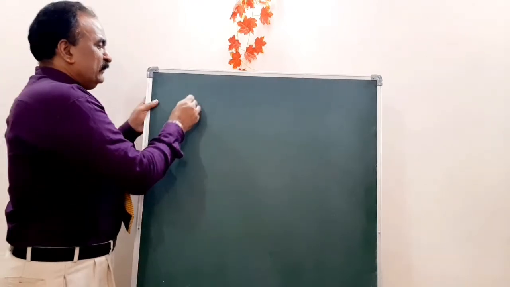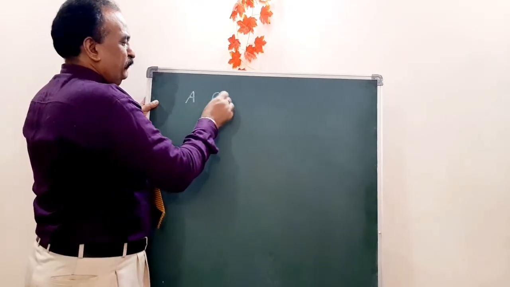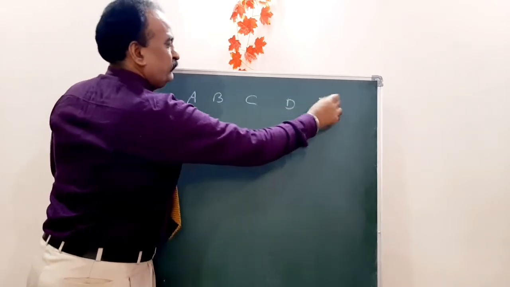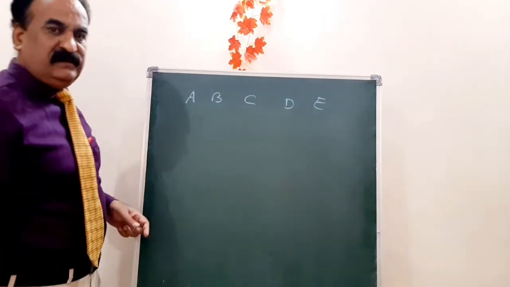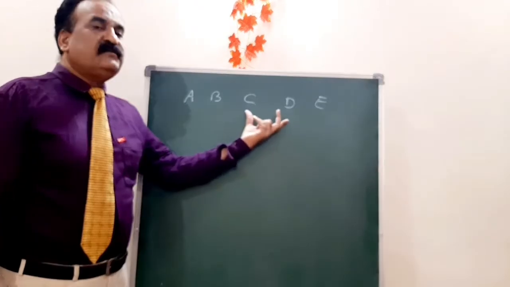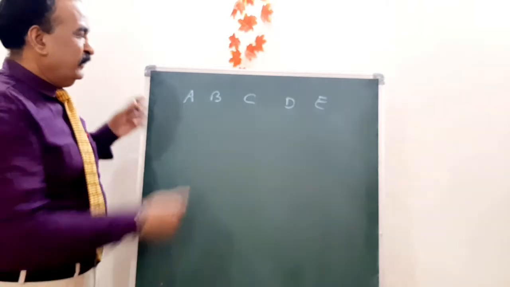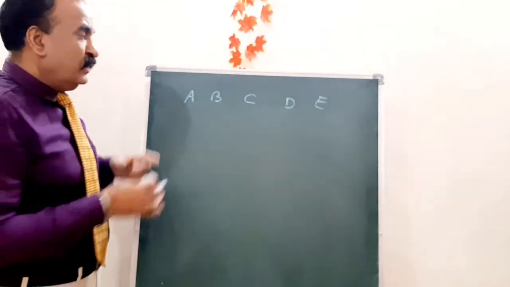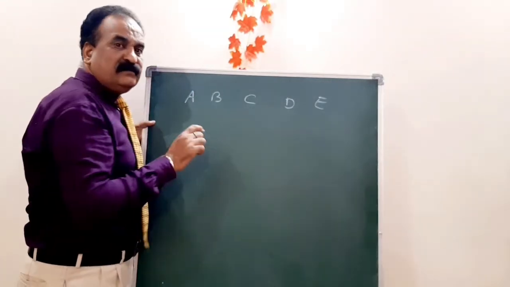See how. If I am writing here A, B, C, D, E, these are English letters of the alphabet. Now I will ask you, how many letters are there?